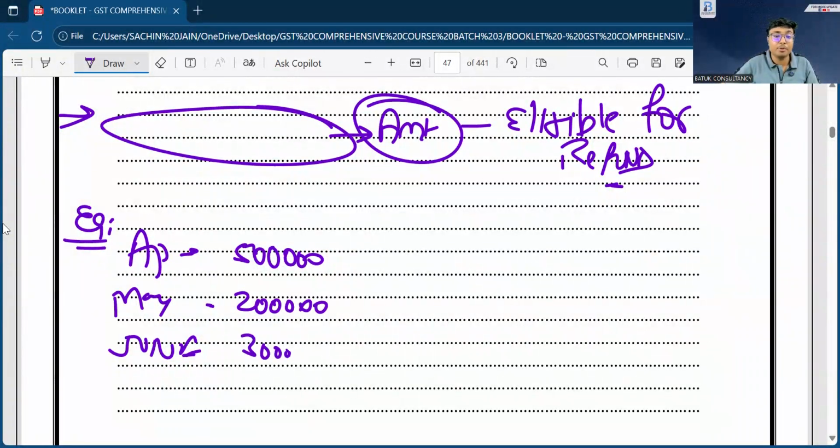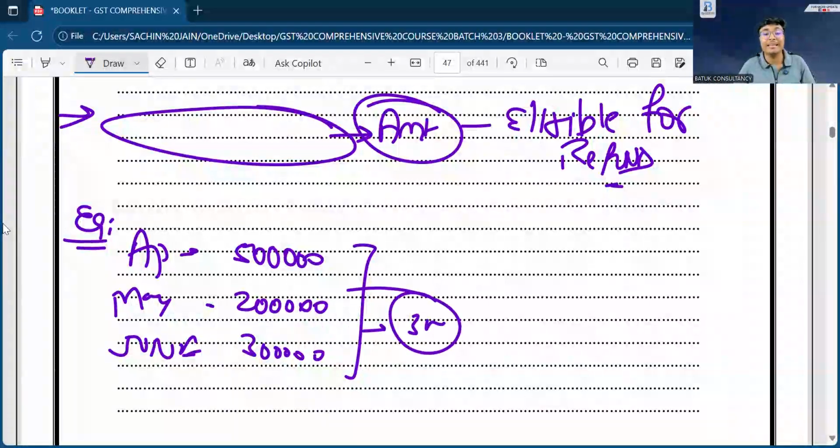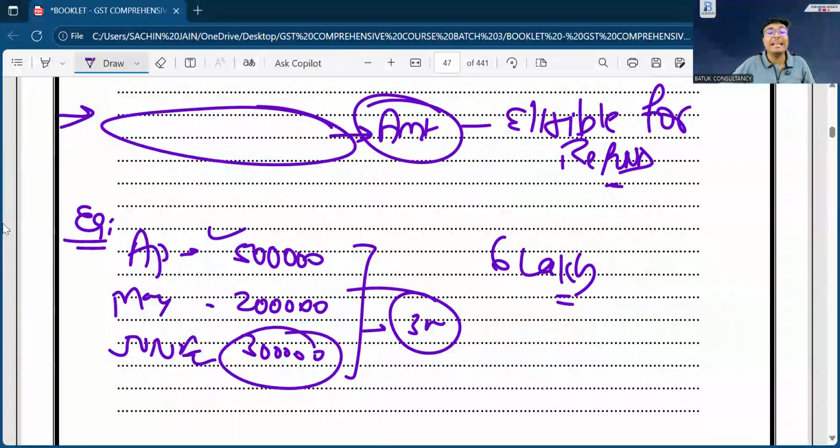And for this month, suppose 3 lakh rupees. Now, in this situation, if you plan to file the refund application for the consolidated 3 months, you will be eligible for a refund of only 6 lakh. But if you file monthly refunds, you will get 5 lakh and 3 lakh, that is 8 lakh rupees refund. So that permutation and combination you have to decide.